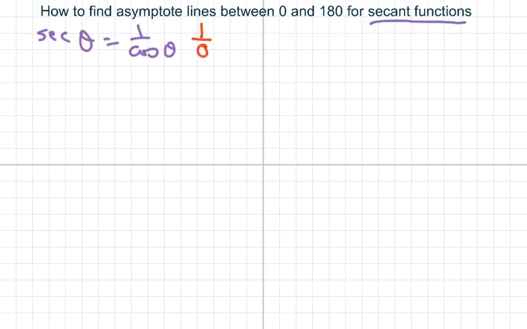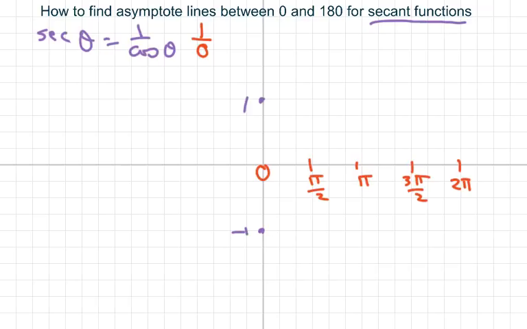So what I'm going to do first is draw a cosine, and then draw my secant graph. So if I just kind of sketch cosine here, this would be 1, negative 1.